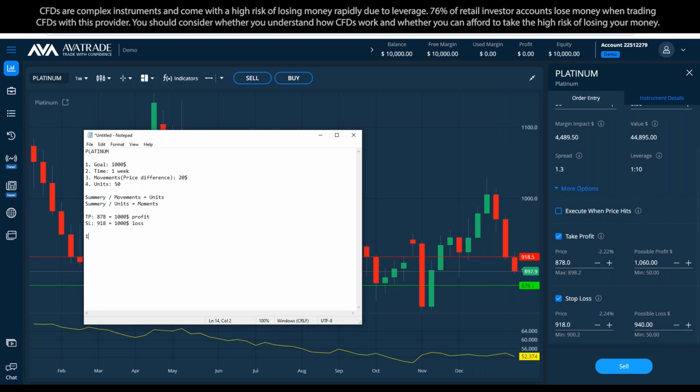Now, just to compare my balance, balance equals 10,000, right? Minus 1,000 equals 10% exposure, right?